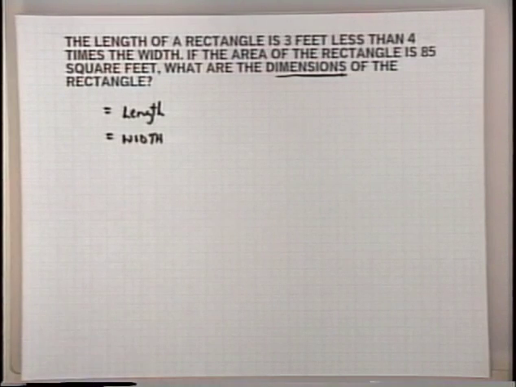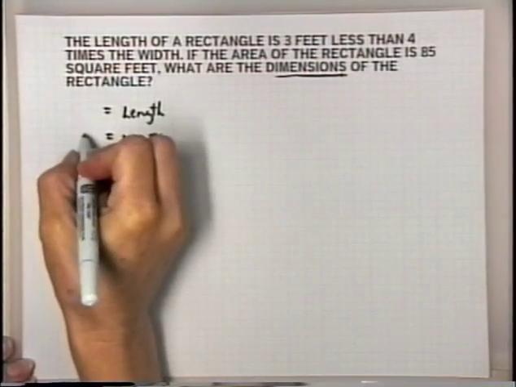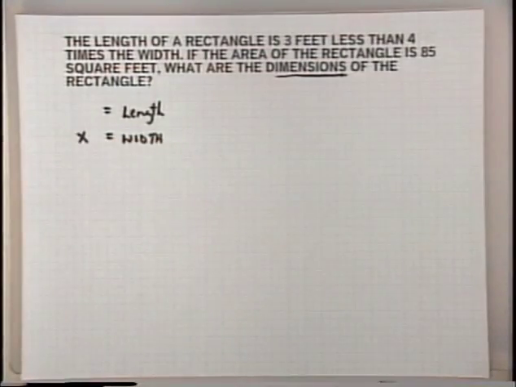In our first sentence, the length of a rectangle is 3 feet less than 4 times the width. You'll notice that the length is being described in terms of the width. That suggests that it would be much easier for us to choose x to be the width of this rectangle.